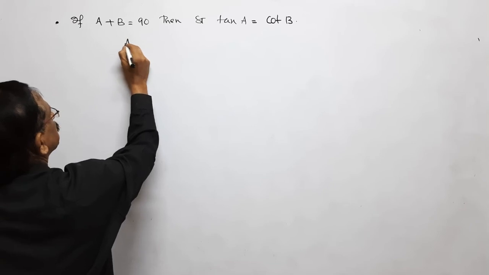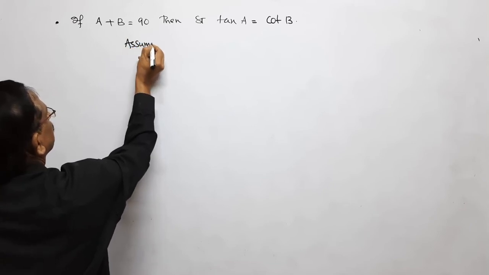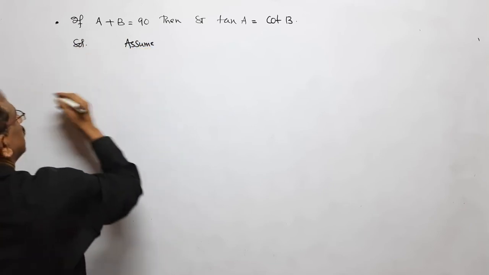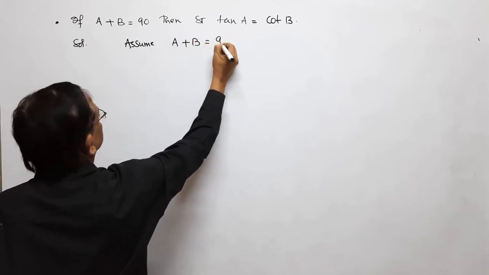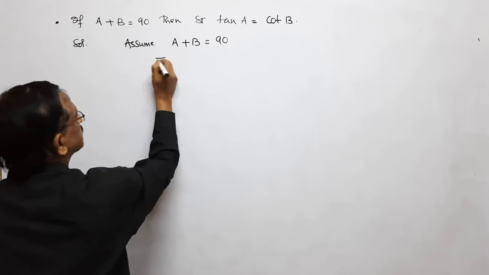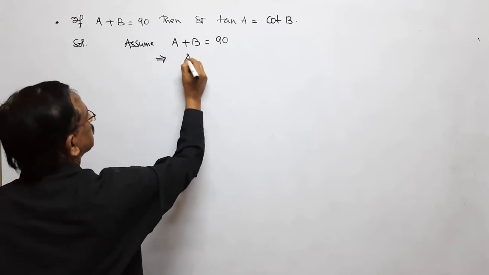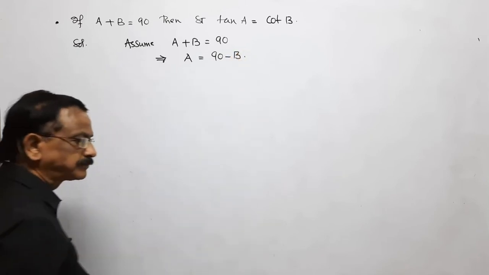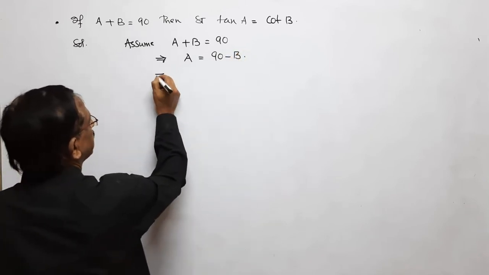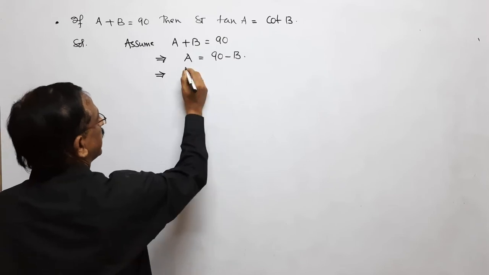Now, I'm writing the solution. Assume A plus B equal to 90. This implies A is equal to 90 minus B. So apply tan on both sides.